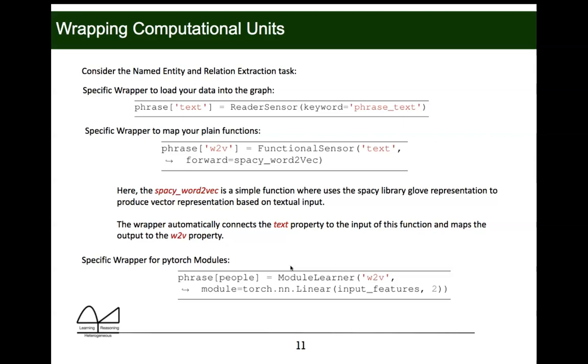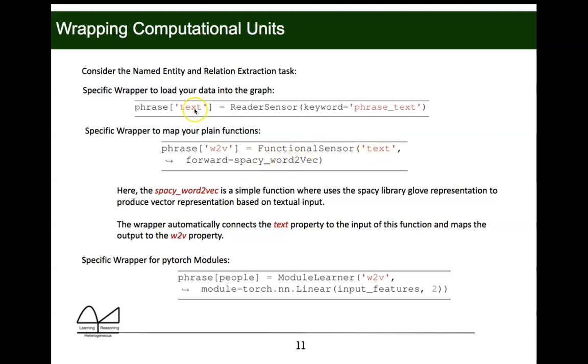Let's see some examples. So for instance, if you want to read the text of the phrases from your dataset, then we have provided a reader sensor that you can do that with. The reader sensor is a wrapper. Or if you want to actually use the spaCy word-to-vec representation function that you already have written outside, you can just connect it to the wrapper called functional sensor here. So here, this function is already written.